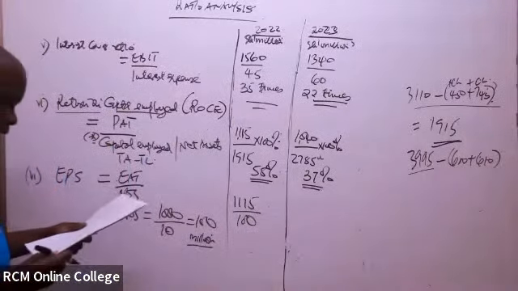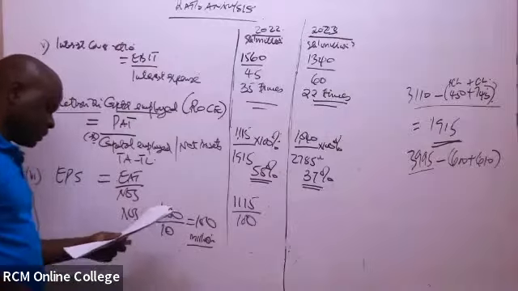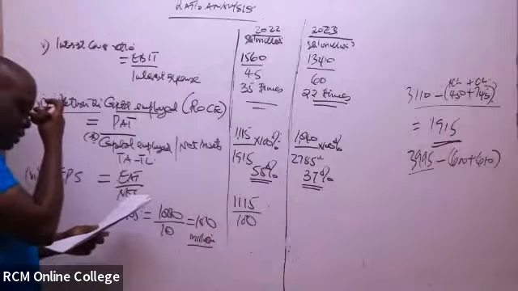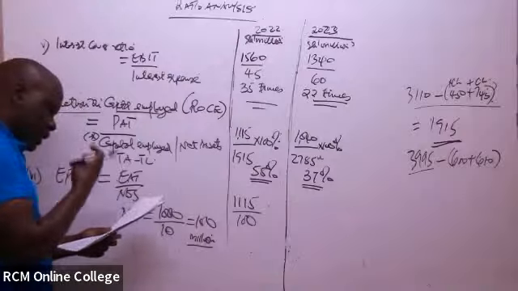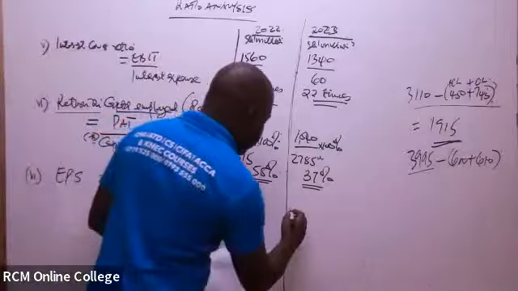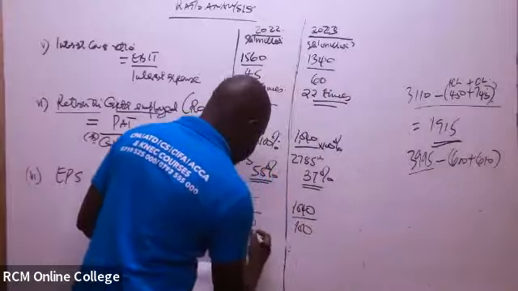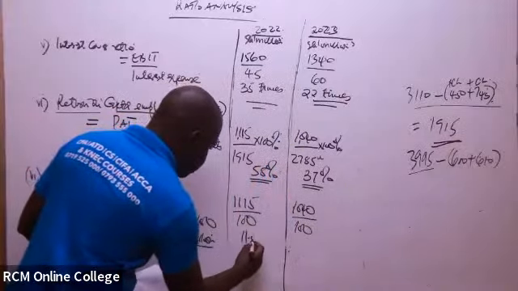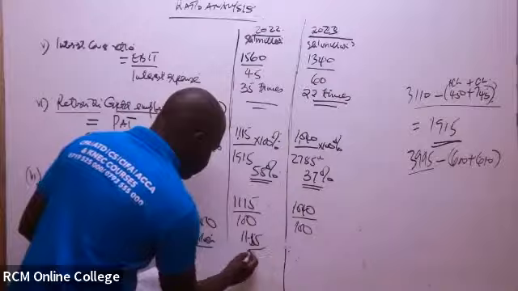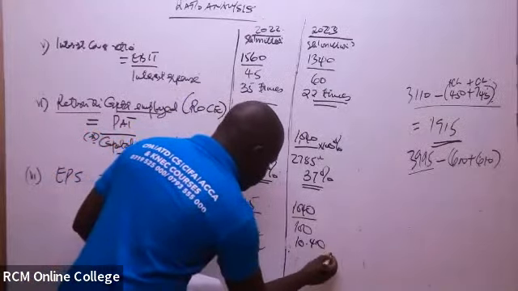For the other year, the number of ordinary shares is just the same for the two years. So we take our earnings after tax, which is 1040, and divide by 100. So for this year it will be 11.15, and here it will be 10.40.